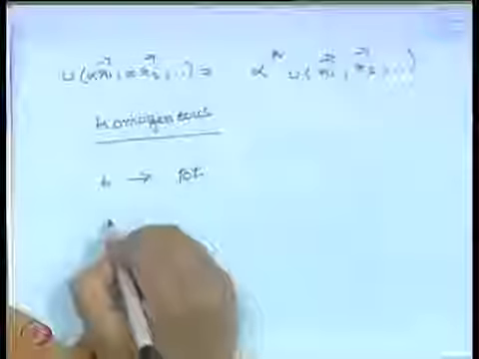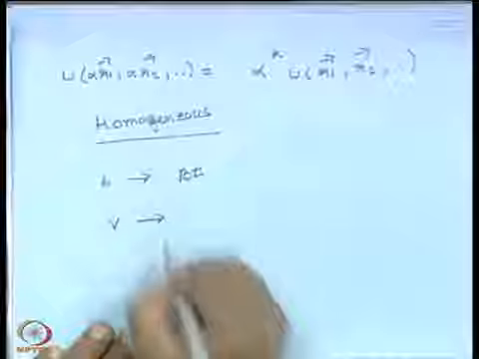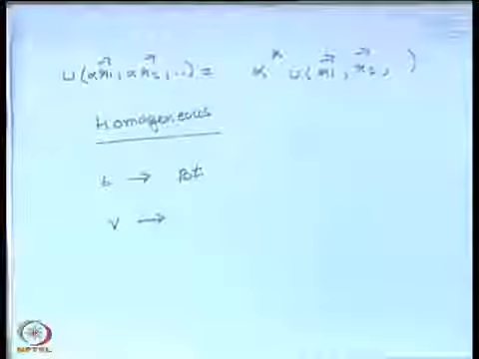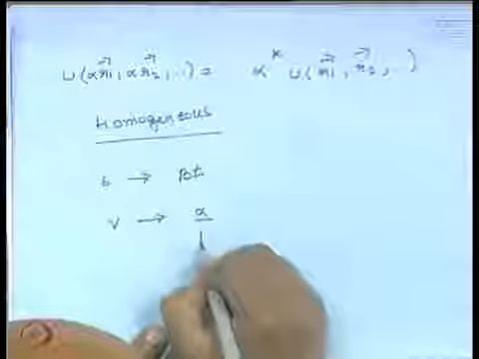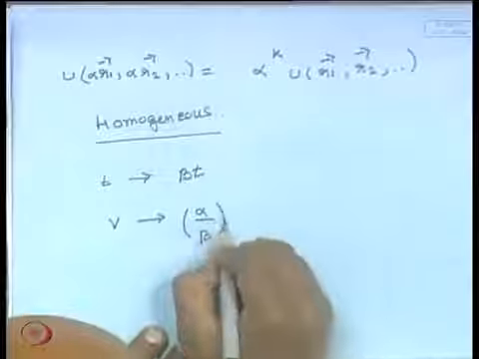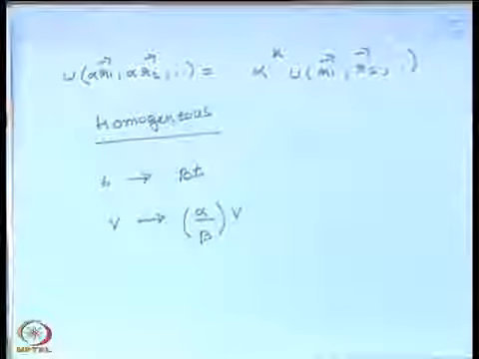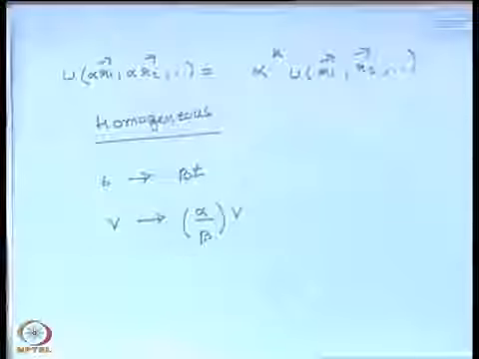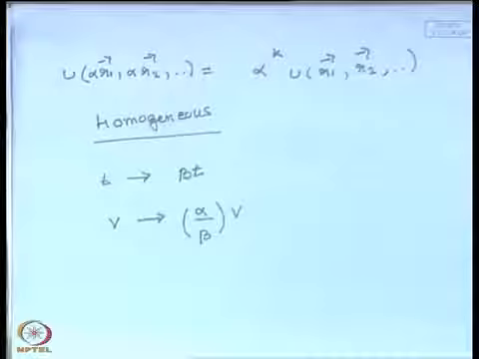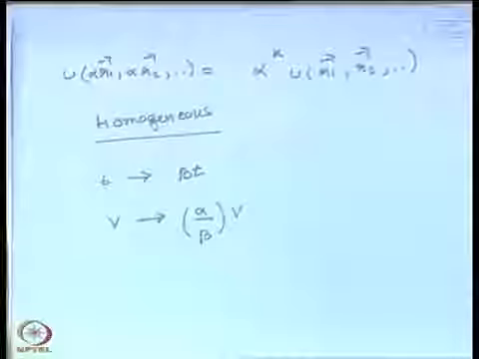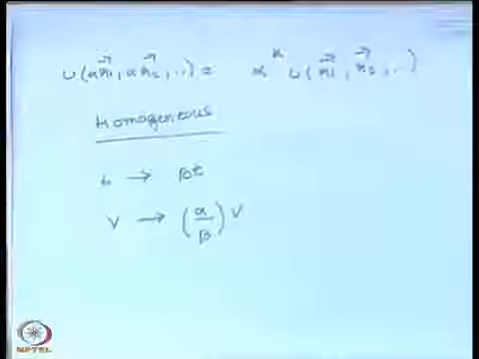Under this transformation, the velocity will go to alpha by beta. Velocity is r by t, and r has changed to alpha r, t has changed to beta t. We would like the whole Lagrangian to become the original Lagrangian multiplied by a number.